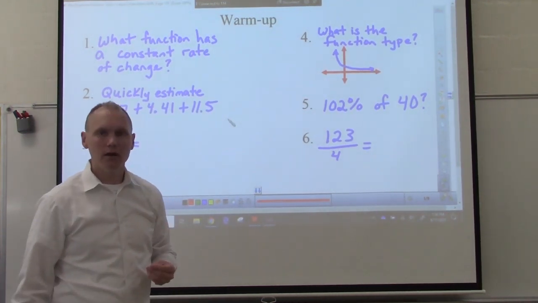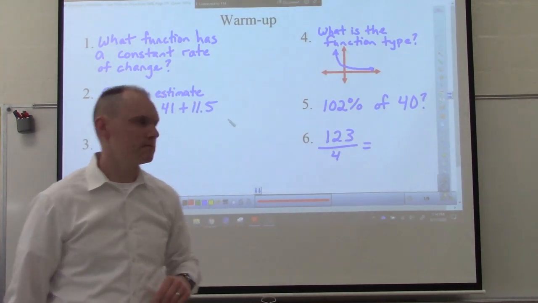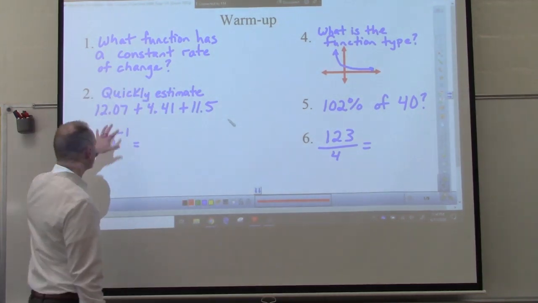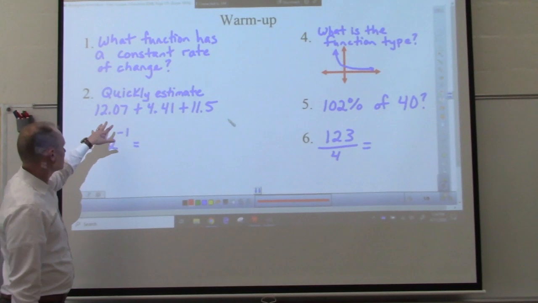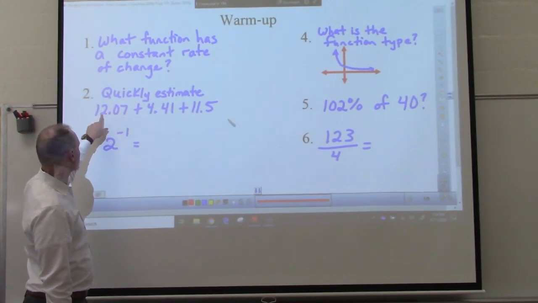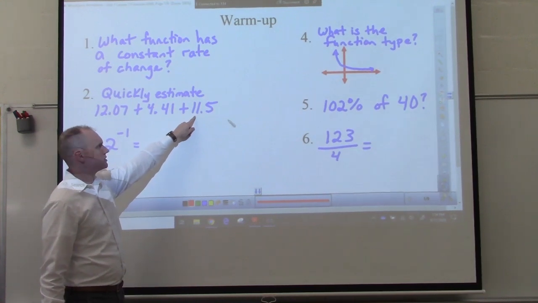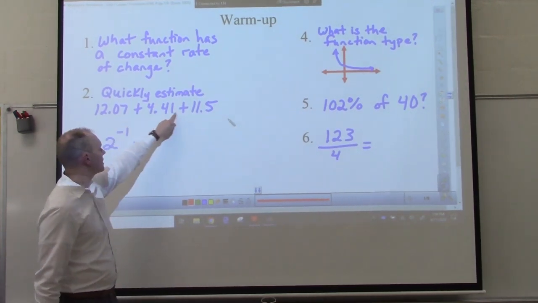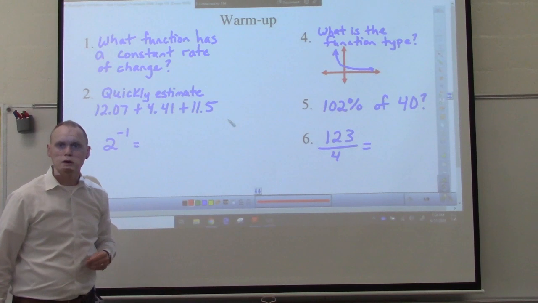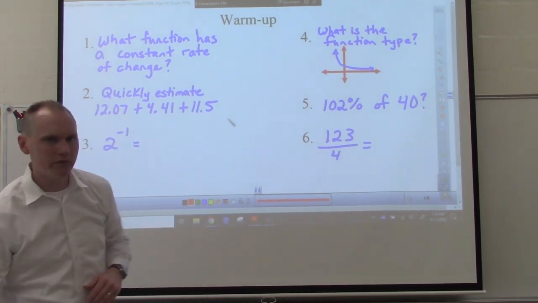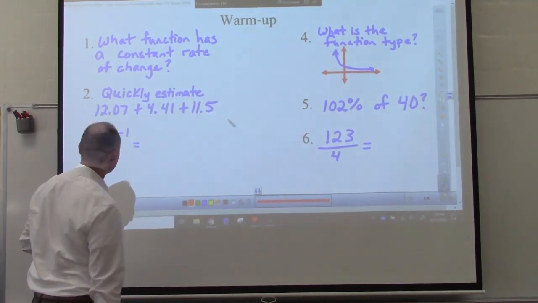Plus the 11 makes 28. So real quickly, we should be able to look at this and say, okay, we got 12 for 16. And 11 is 27, and then these 3 together make up about 1. So again, 28. So a little bit different way to approach it. Either way, we should be able to estimate those.